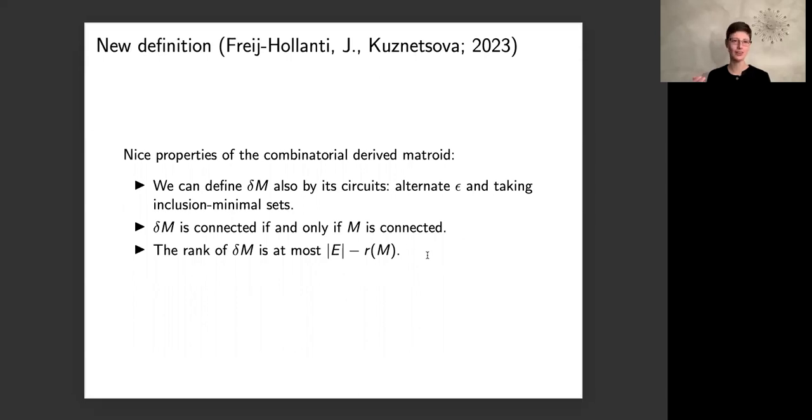We are kind of sad about that because we believed for a while that we could prove that it's actually equal to this number, which would be nice because this derived code and the adjoint and the Oxley-Wang construction all make derived Matroids that have the largest rank possible, which is the size of E minus the rank of M. But we didn't manage to prove that this is actually an equality.